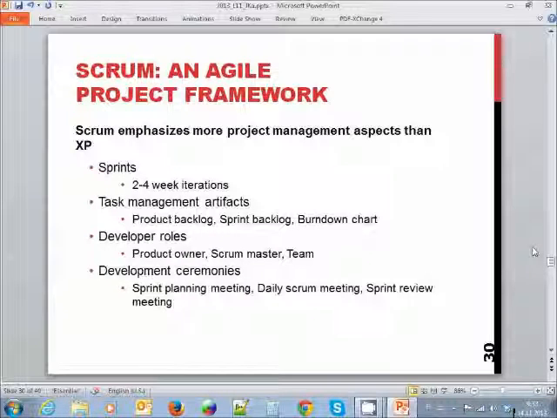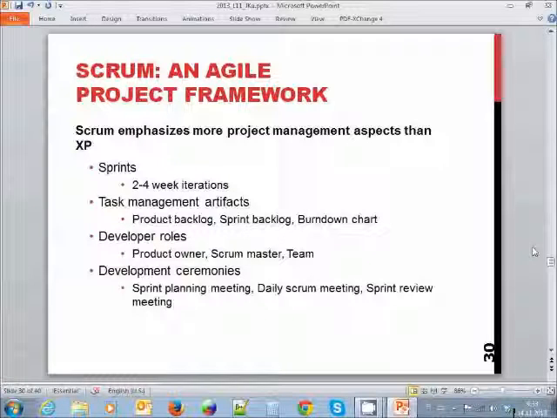We have a product backlog, sprint backlog, and burn down chart. These are just lists of features to be added to the product, plans on what we still have to do during this one sprint, and what requirements we need to fulfill during this iteration, what was left from the last iteration.